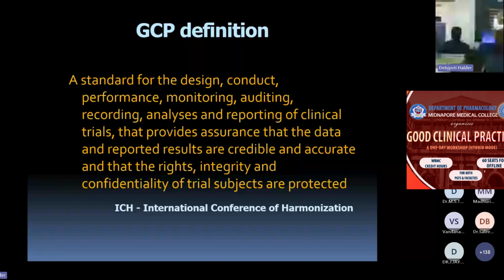For a time we had, at the turn of the millennium, but now there is no separate Indian GCP guidelines. But what we have is a set of national guidelines for biomedical research involving human participants.